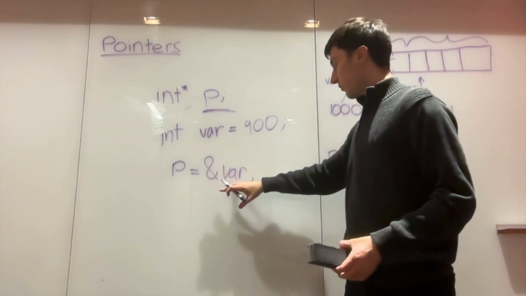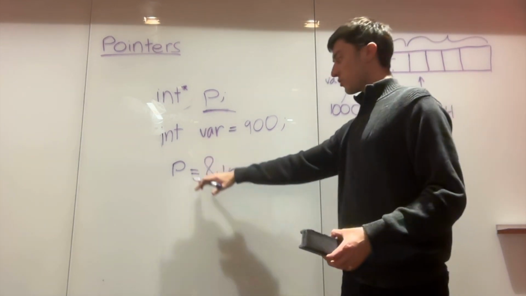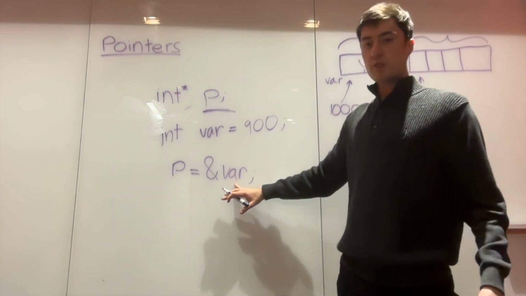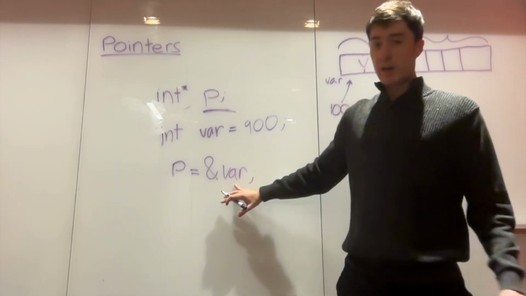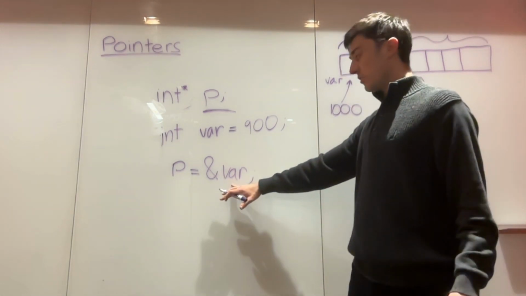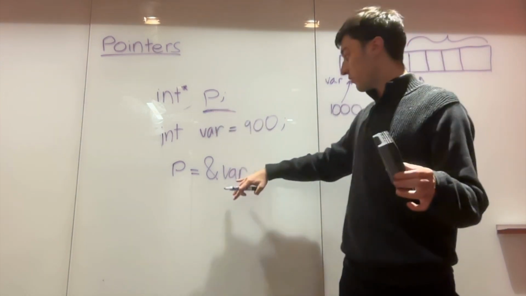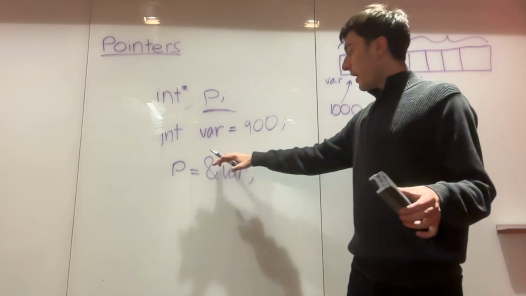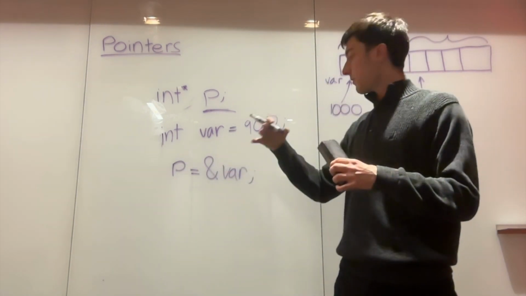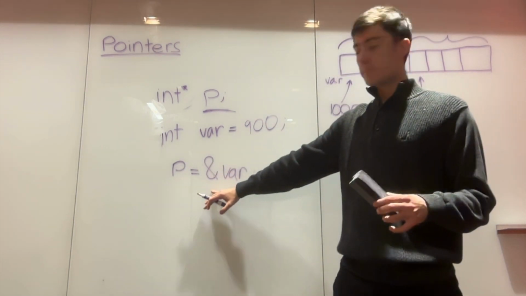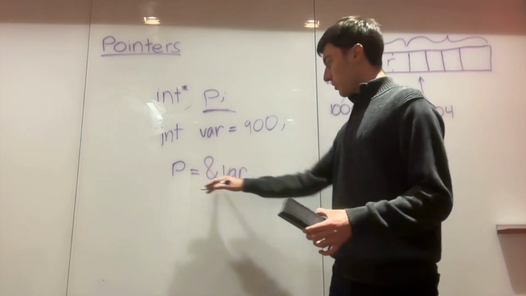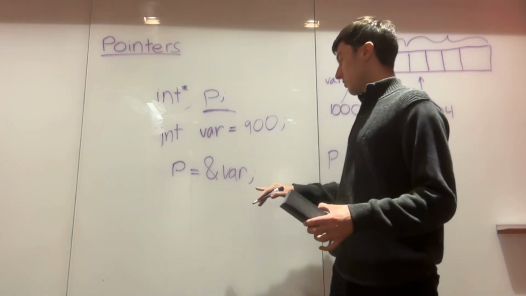Address of var. So what happens with this address of operator? It takes this variable, it finds the address, it finds the location in memory that this variable lives in, and returns the address.